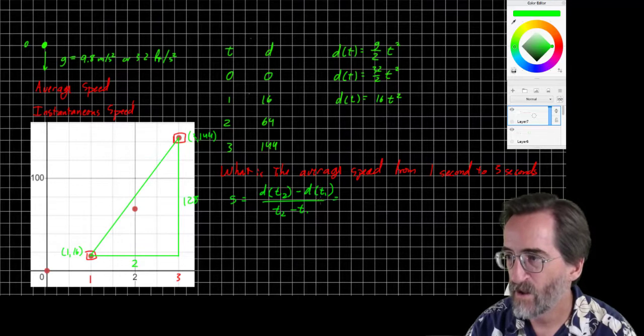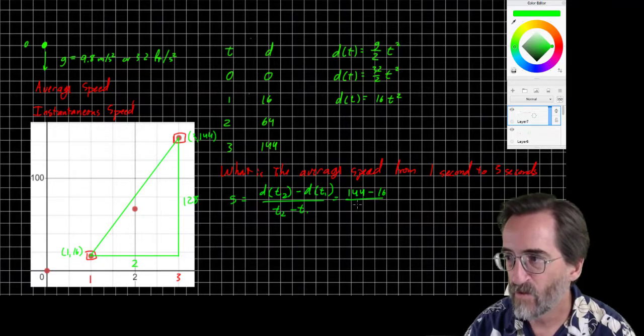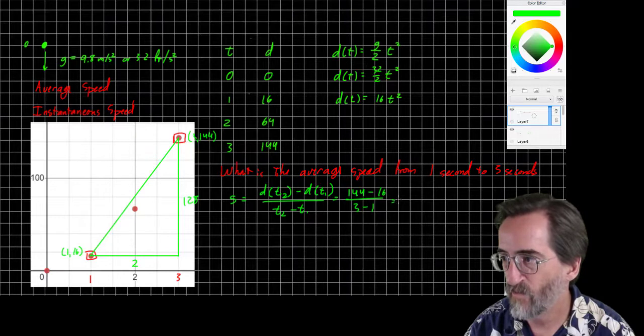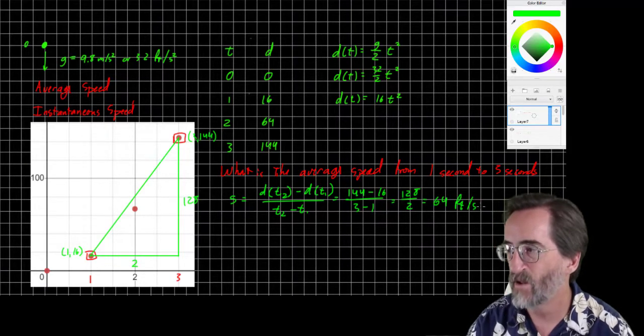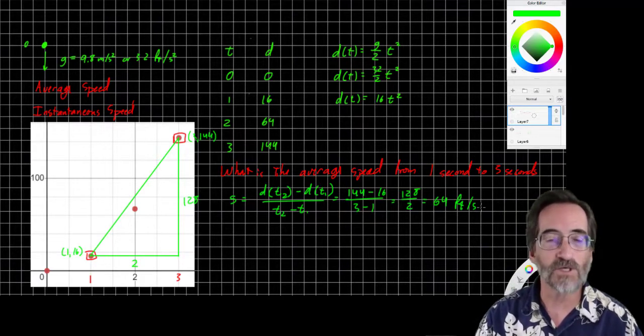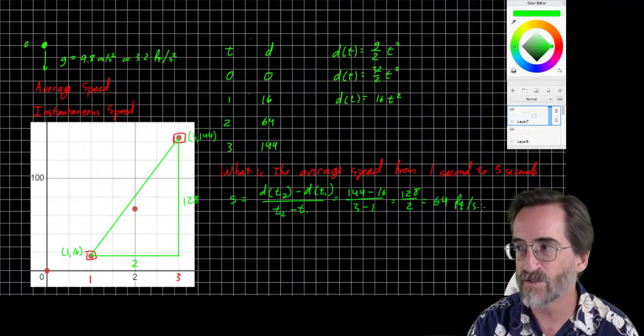Okay? So more specifically, it is 144 minus 16 over 3 minus 1, or 128 divided by 2, or 64 feet per second. Okay? So the average rate of change, the average speed between seconds 1 and 3, is 64 feet per second.